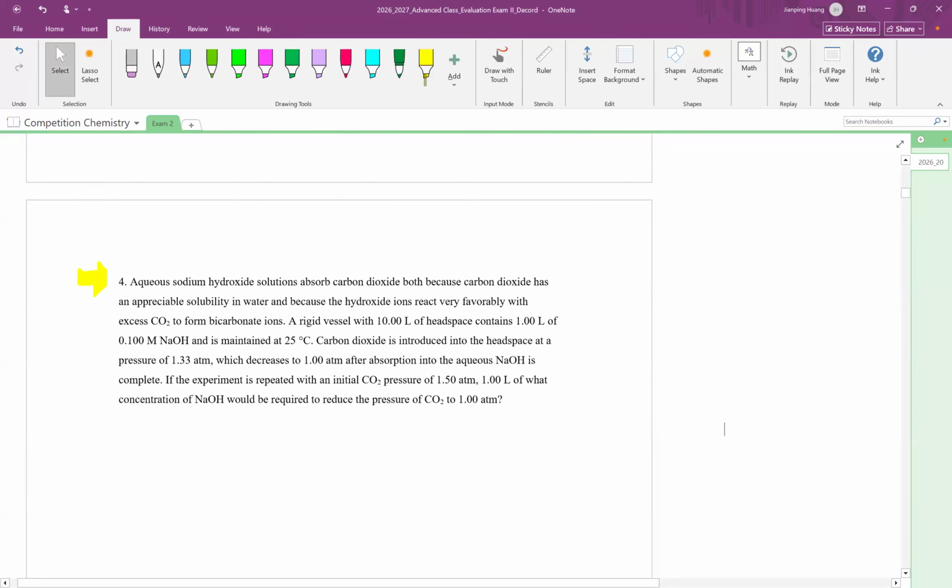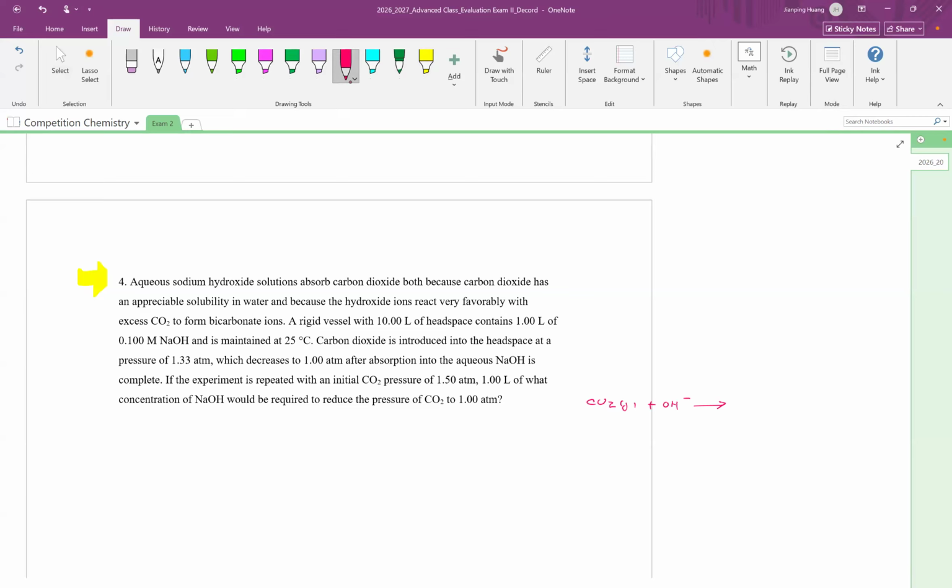So, related lab: aqueous sodium hydroxide absorbing carbon dioxide, of course.